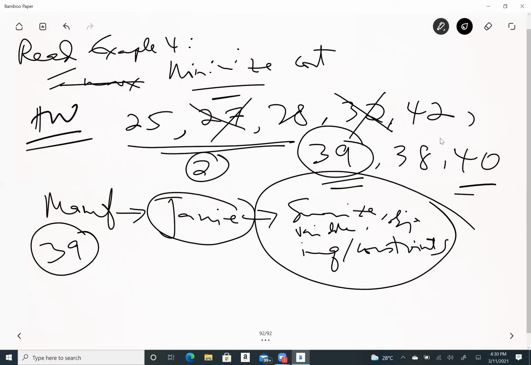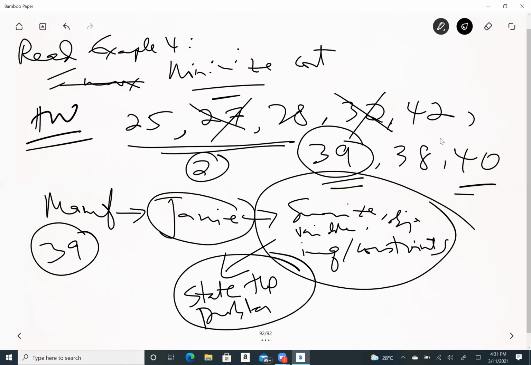I give you 10 minutes. Just go up to the table and state the problem. You don't have to solve, don't solve yet. We do the first. Try number 39. Do it now.